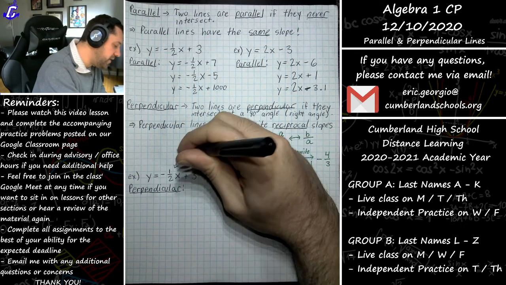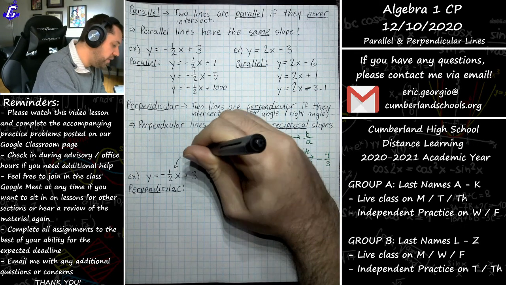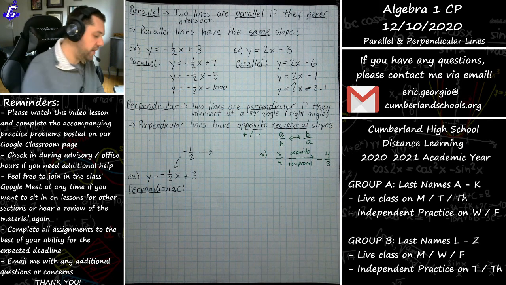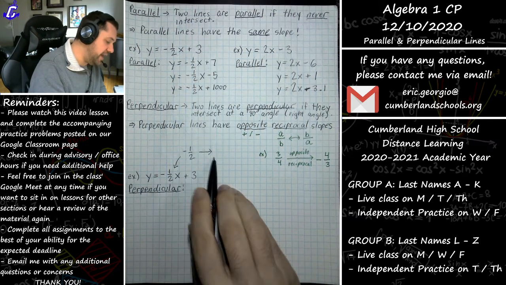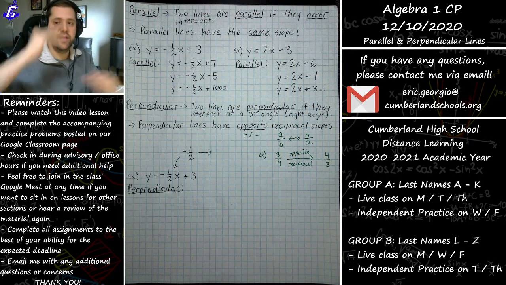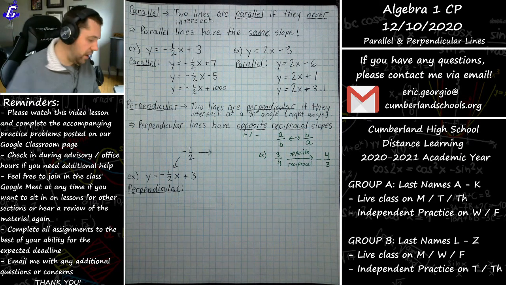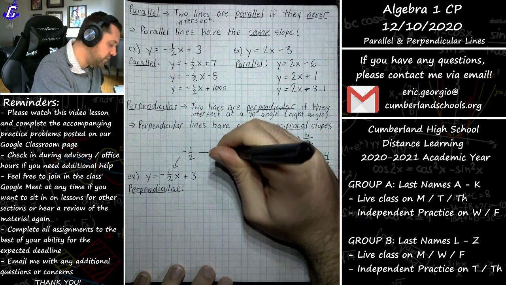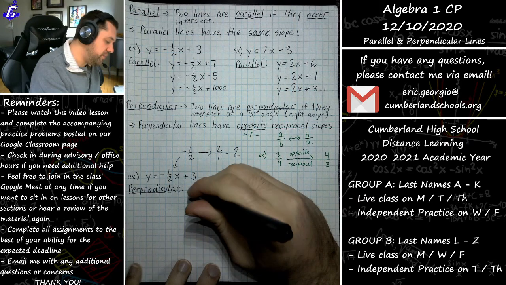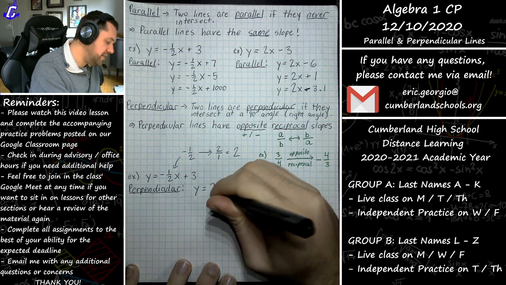So my slope here is -1/2. What is the opposite reciprocal of -1/2? Well, opposite means we're going to change that negative into a positive. Reciprocal means that 1 over 2 is going to flip-flop to 2 over 1. So it would be positive 2 over 1, and 2 divided by 1 is just 2. So that means the slope would be 2, y equals 2x.